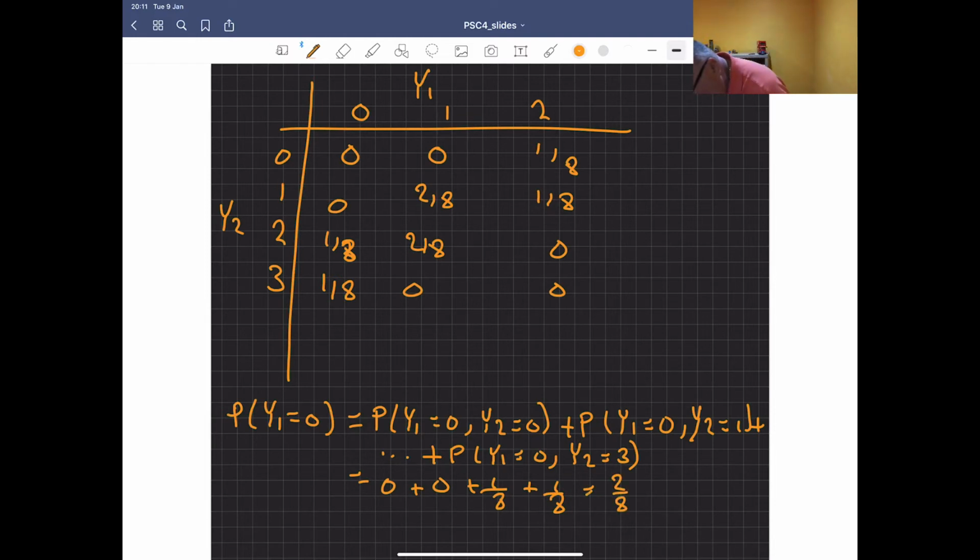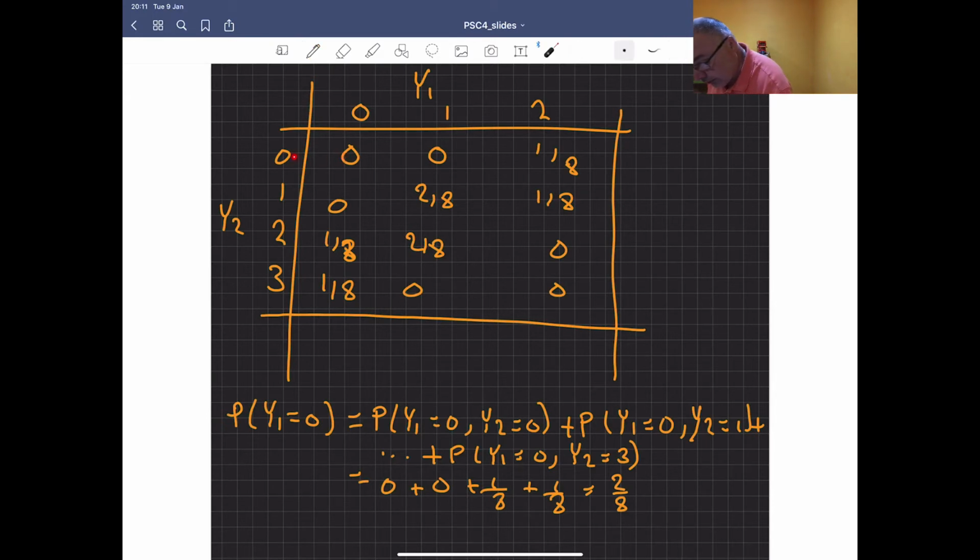But if you go back to this diagram and think about what we just did, this first point here is y1 equals 0 and y2 equals 0. This one is y1 equals 0, y2 equals 1. So all we were really doing was adding down this column. And that gave us our 2/8.